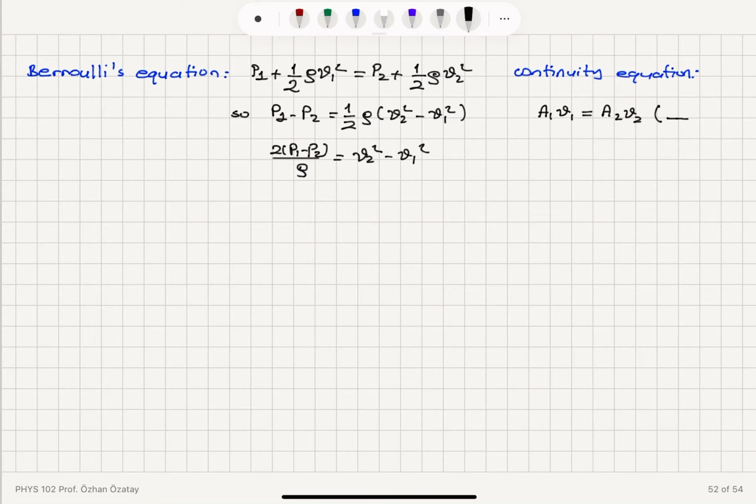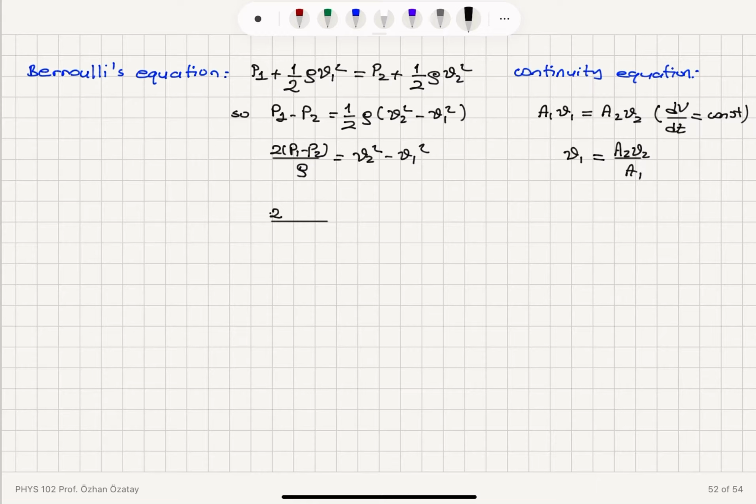This is a statement of the continuous volume flux. So this allows us to write V1 in terms of V2. So V1 is A2 V2 divided by A1.